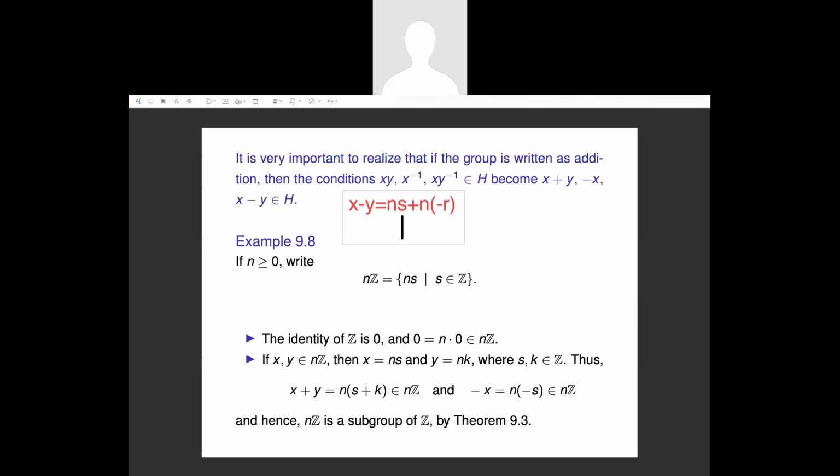We take r, then we can say that n is common, so n times (s minus r), and s and r are elements of Z. So this is clearly in nZ, so x minus y is in nZ. So the identity 0 is in it, which means nZ is non-empty, and by this property we can say that this set clearly satisfies all the properties of a subgroup. So nZ is clearly a subgroup of Z, the set of integers.